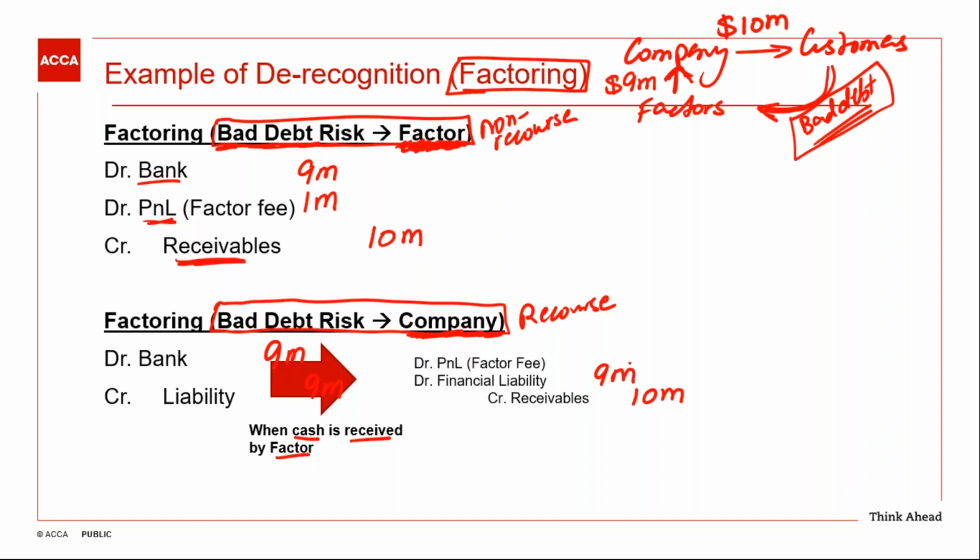Because the factor has got the amount, the customer has paid the amount, out of which 1 million is an expense for me because that is the amount the factor has charged as a fee. So in case where the bad debt risk is immediately transferred, we immediately de-recognize the receivables. And in case where the risk is not transferred, we are going to record the amount as a financial liability because we may be required to repay it back.